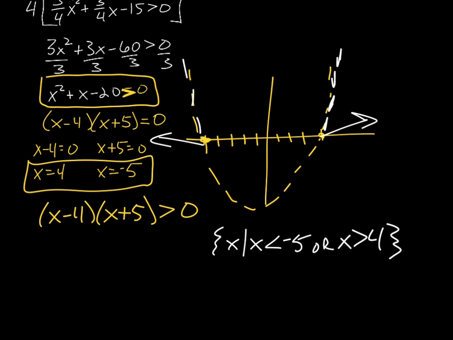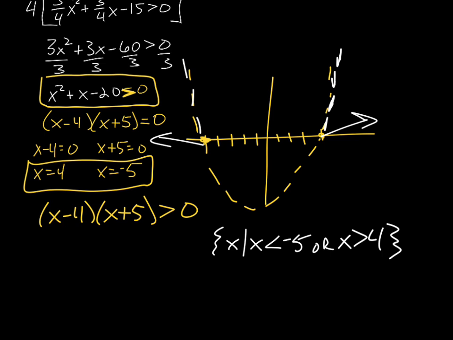Is that okay? So then, shading wise, where would you shade? Just like with these first couple problems, you could pick a 0, 0 point, and this is all connected. So we could pick 0, 0, which is what you always should be picking.